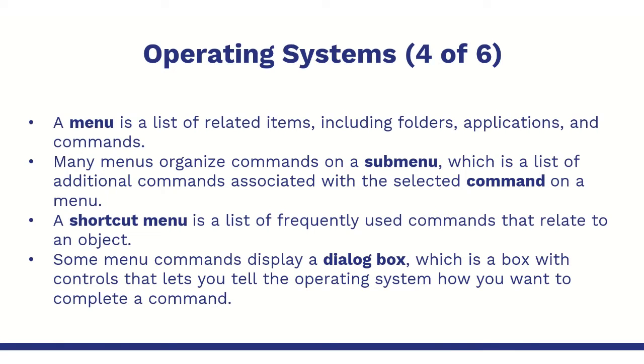To reiterate, a menu is a list of related items including folders, applications, and commands. Many menus organize commands on a submenu. A shortcut menu is a list of frequently used commands that relate to an object. Some menu commands display a dialog box.